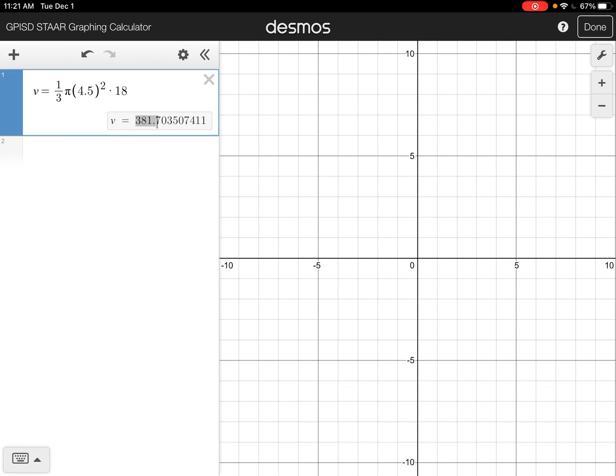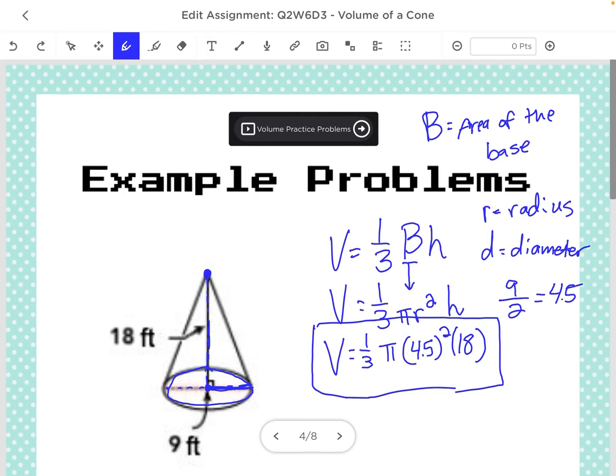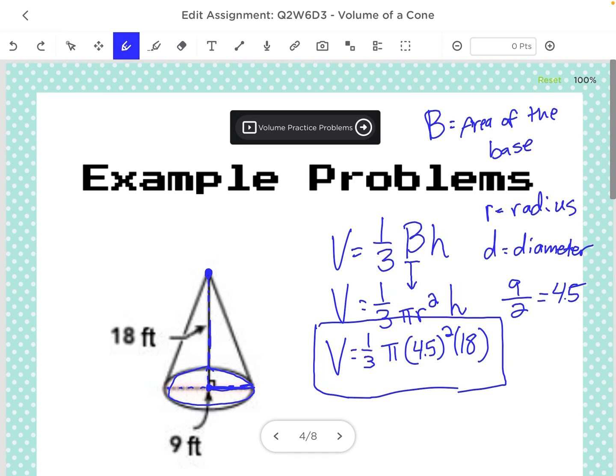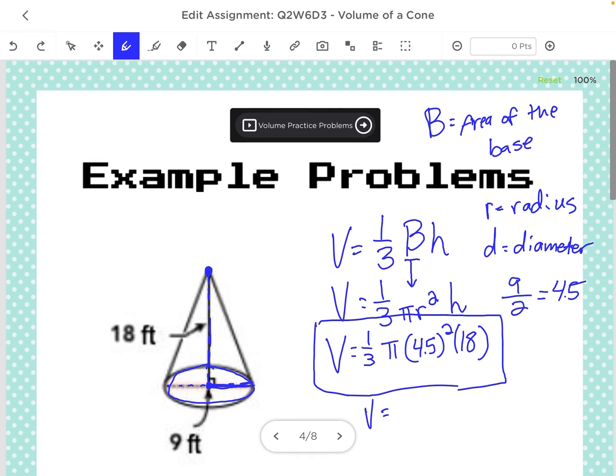And this tells me my volume is 381.703. If I round that to 2 decimal places, I get volume equals 381.70, and then this is feet cubed.